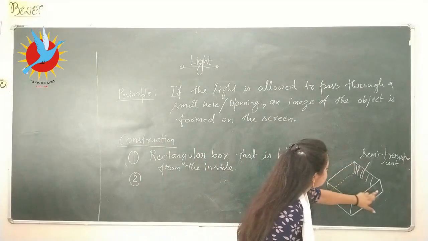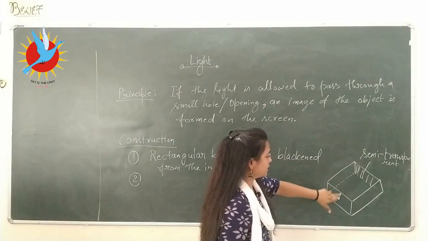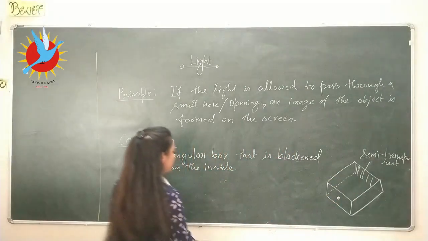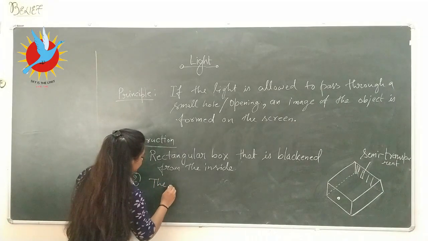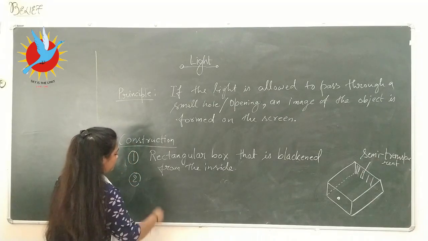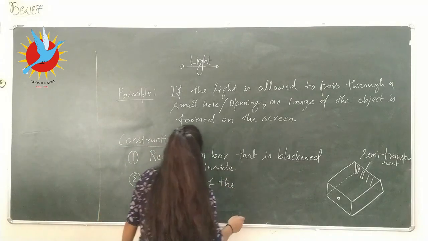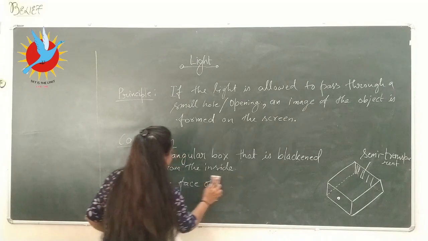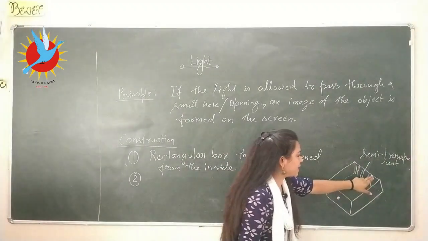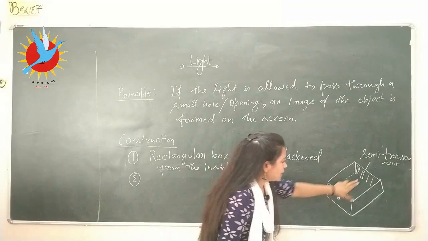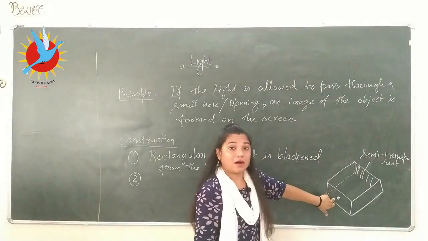So one face of this rectangular box is semi-transparent, and the face exactly in front of this screen has a hole in it.